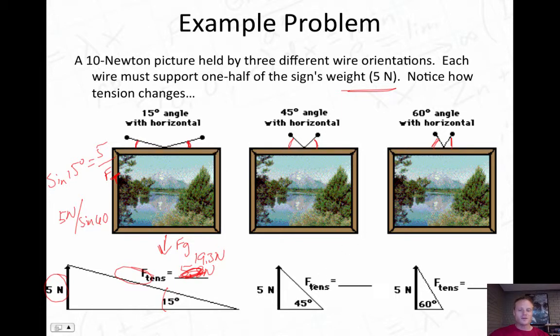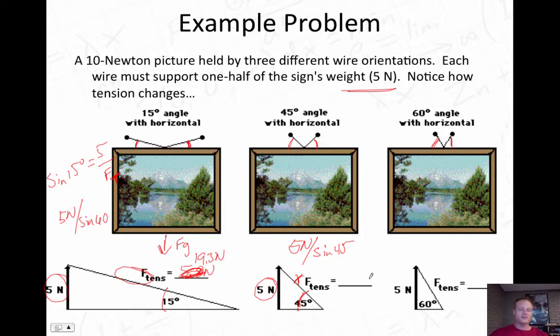Now I'm wondering, what is the tensional force if I change the wires to about 45 degrees with horizontal? So again, here's my angle of 45 degrees. Here's my tensional force pointing up of 5 newtons. I'm wondering what the hypotenuse is. And you're going to again use trig. In the interest of time, I'm just going to write what it would come out to be, 5 N over the sine of 45.